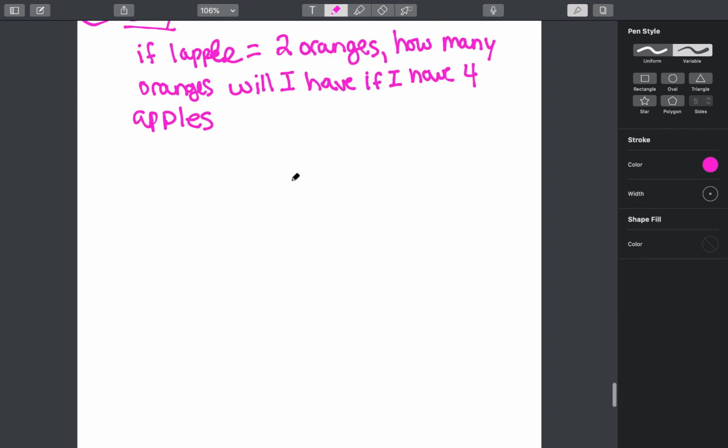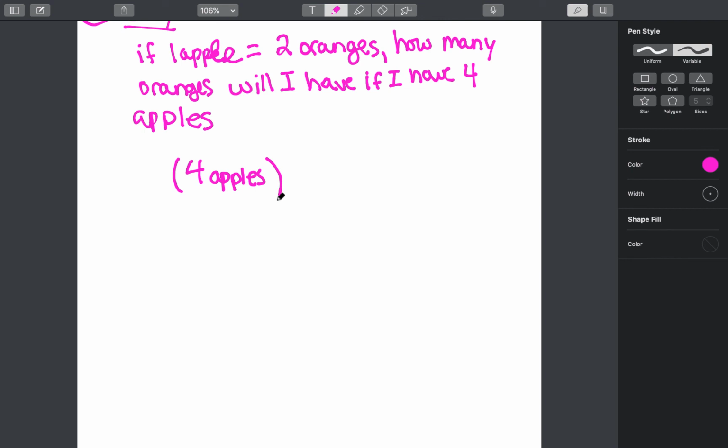So in order to figure this out, we have to cancel some things out and multiply certain things by certain things. So let's do this. We have 4 apples, and we want to figure out how many oranges we'll have if I have 4 apples.